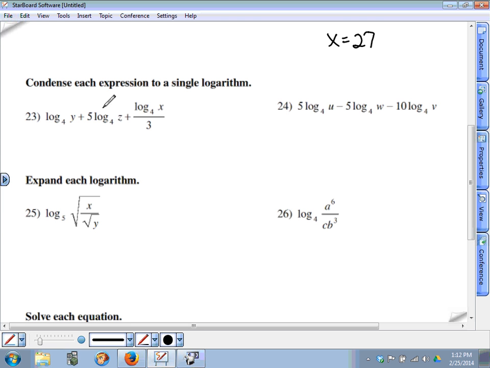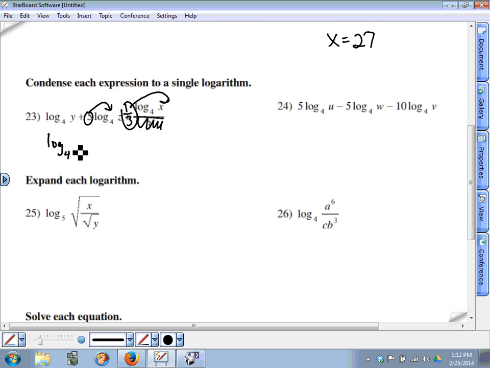Okay, condense. First of all, when you're condensing, you want to look for numbers in front of logarithms. Now this one's kind of hard to spot, but dividing the entire logarithm by 3 is exactly the same thing as multiplying the expression by 1/3. So that's also a number in front. So these numbers have to go back up top as exponents.